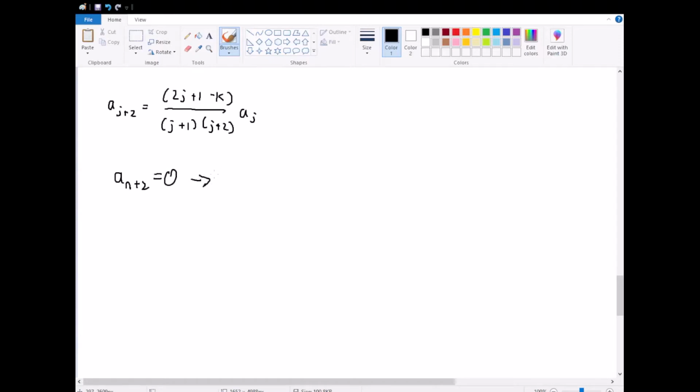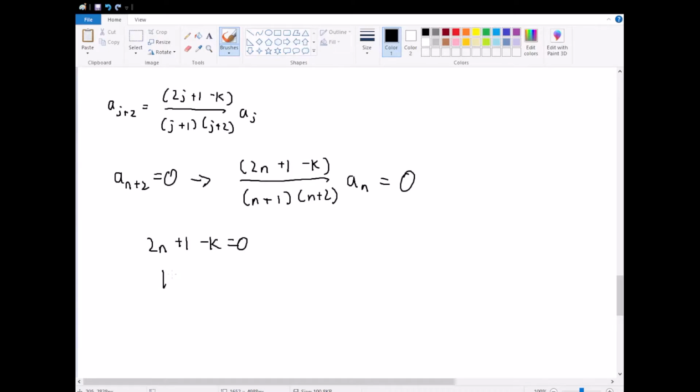This implies that if we replace j with n, then 2n plus 1 minus k divided by n plus 1, n plus 2 times an has to equal 0. an doesn't necessarily equal 0, and n plus 1 and n plus 2 don't necessarily equal 0, so our requirement is for this numerator to equal 0. That means 2n plus 1 minus k equals 0, otherwise meaning that k equals 2n plus 1.